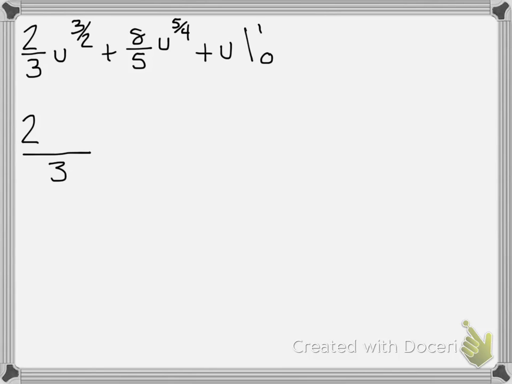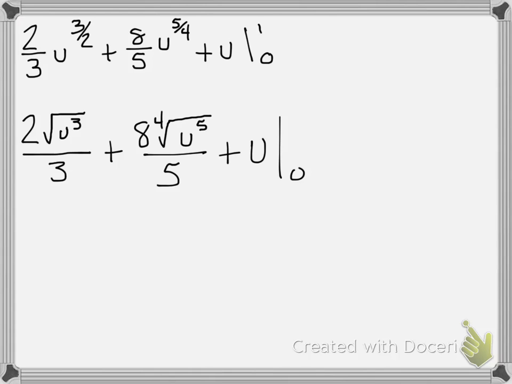But if you know your rules for exponents, that's going to be the square root, because the 2 is on the bottom, so it's telling us that we're going to be taking the square root of u cubed, plus 8 times the 4th root of u to the 5th over 5, plus u from 0 to 1, and our lovely equation f of b minus f of a.